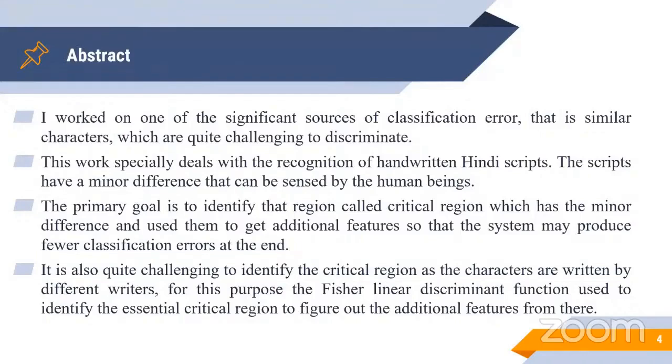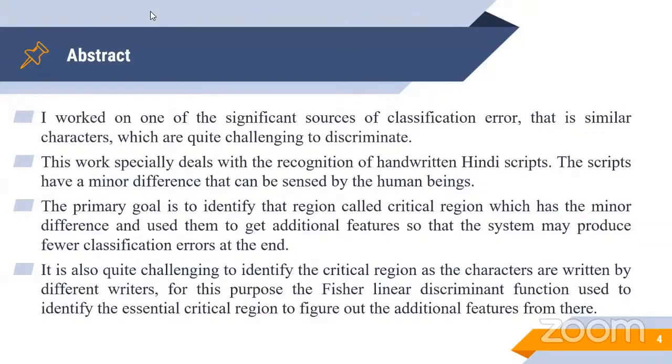The primary goal of this work is to identify the region called the critical region, which has minor differences, and to get additional features from it for the classification.